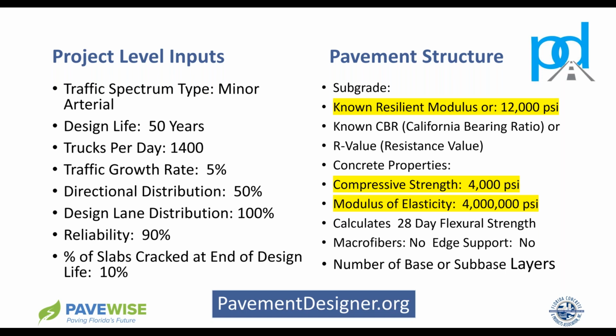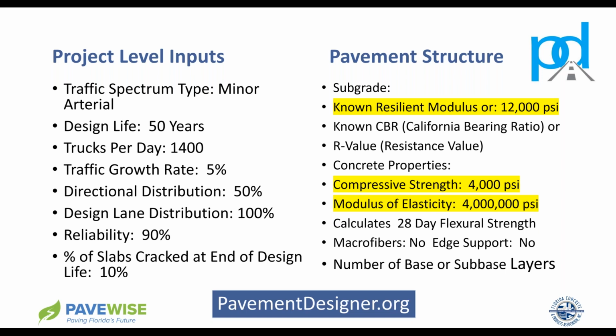There's 700 trucks going north, 700 trucks going south. Directional distribution is 50%. 100% of those 700 trucks are going northbound and southbound, so the design lane distribution is 100%. We're going to use a reliability of 90, and 10% of the slabs are cracked at the end of the design life. All that information you put right into pavementdesigner.org.